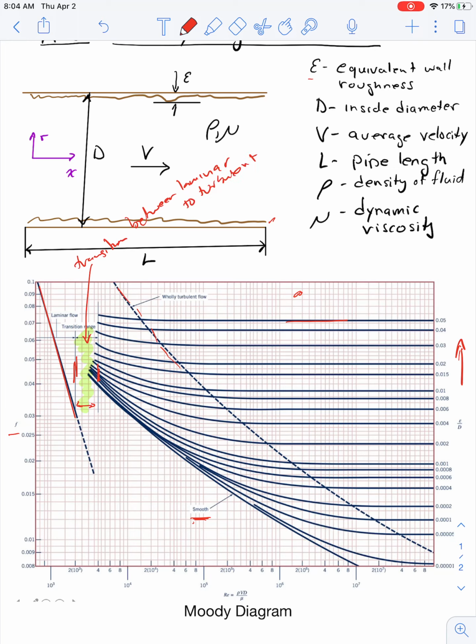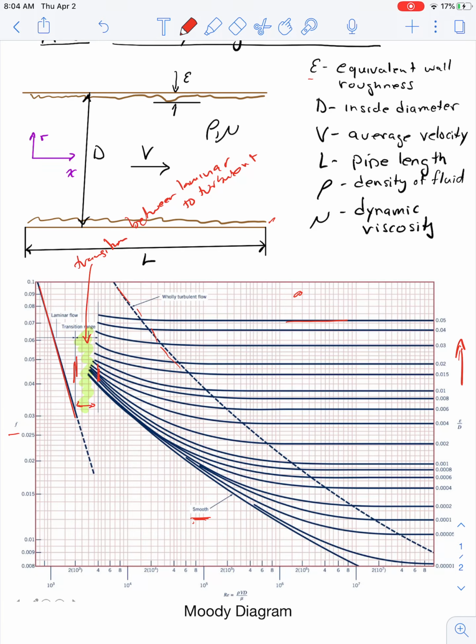The flow could have characteristics of either or both, and that makes it very, very difficult to design in. In fact, if you can avoid designing in that area, that's optimal, because you're not always sure what you're going to get, since it could depend on a number of factors. So this transition regime is usually something you try to avoid.